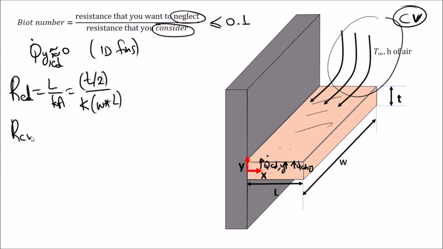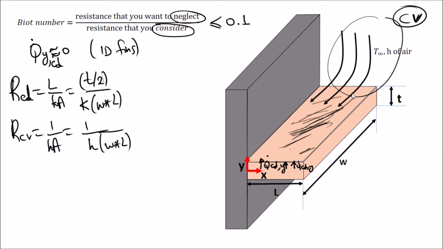So R convection is 1 by hA. For convection heat transfer, we have this surface area over here, which is W times L again, because we are considering this part only.